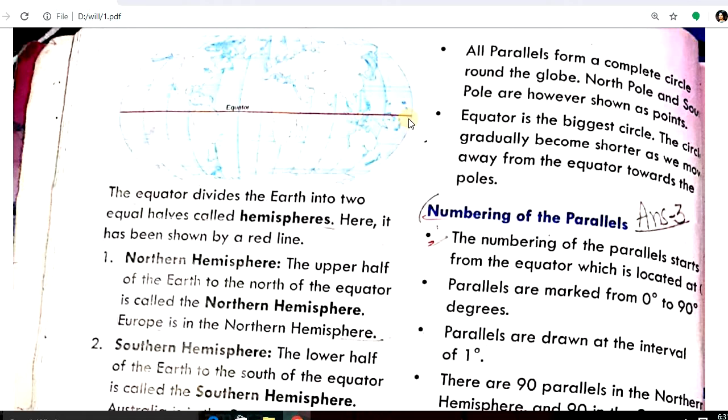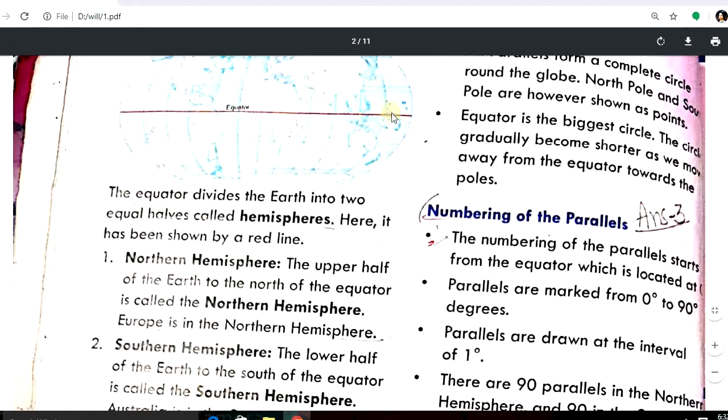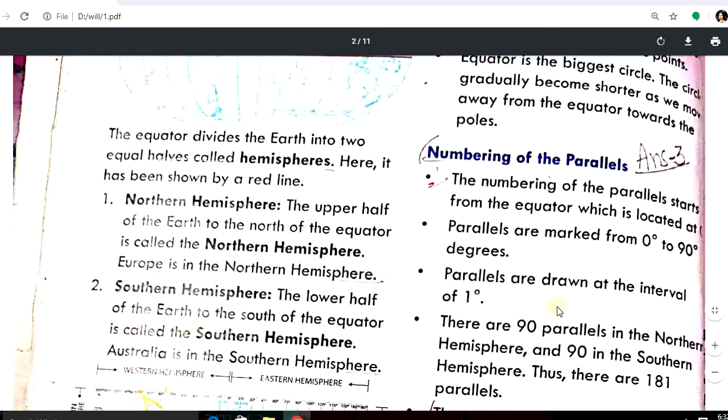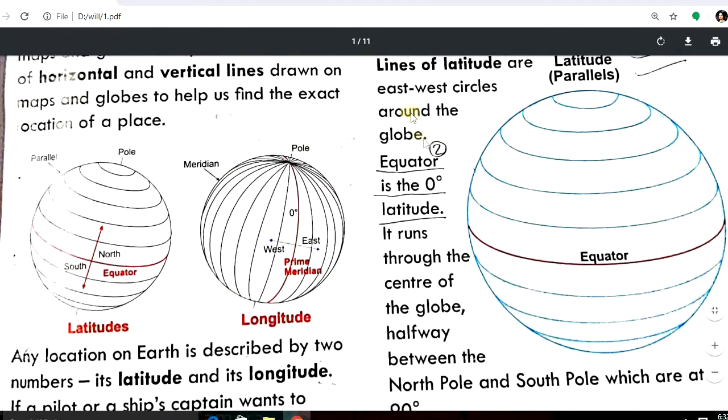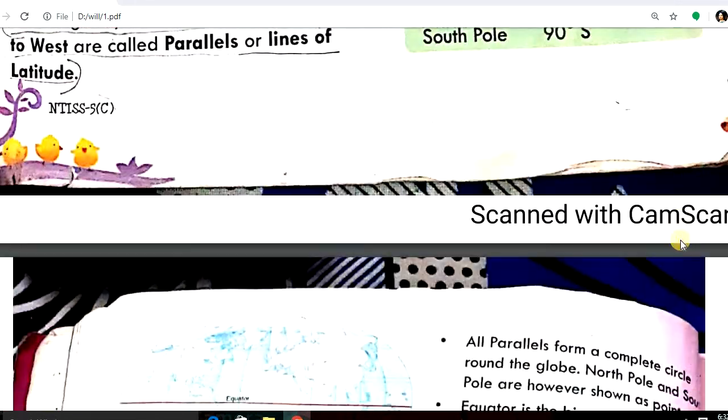Now parallels are marked from 0 degree to 90 degree. Now parallels are drawn at the interval of 1 degree. इनके बीच का जो interval होता है, ये इनके बीच का जो interval होता है वो कितना डिग्री होता है? 1 degree होता है. ठीक है.